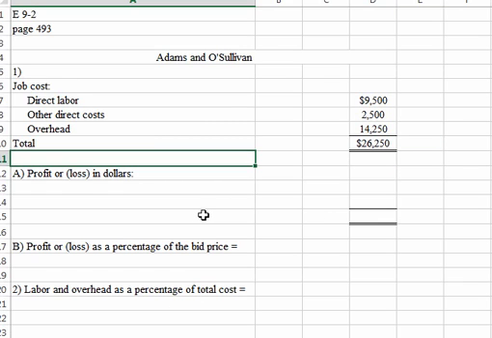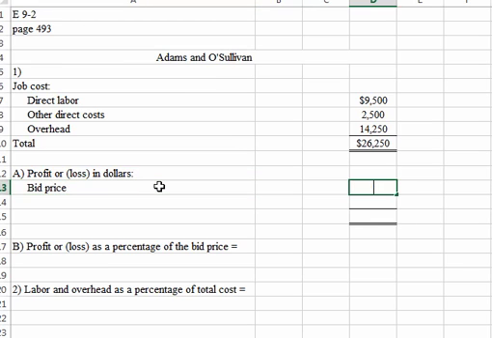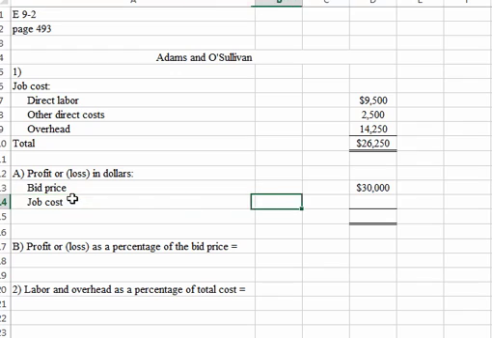Now they want our profit or loss in dollars. Well, how much was our bid? We bid $30,000, less our job cost, which is 26,250 from above.